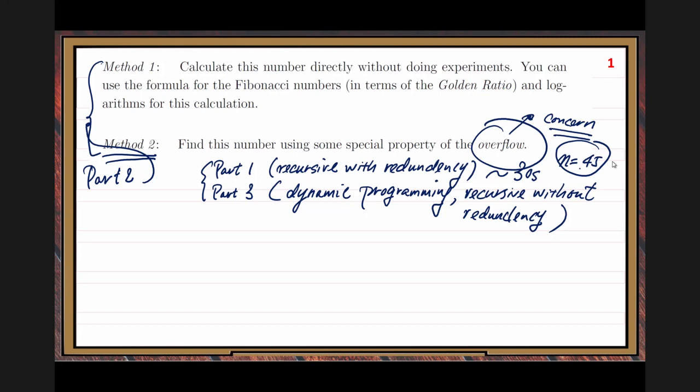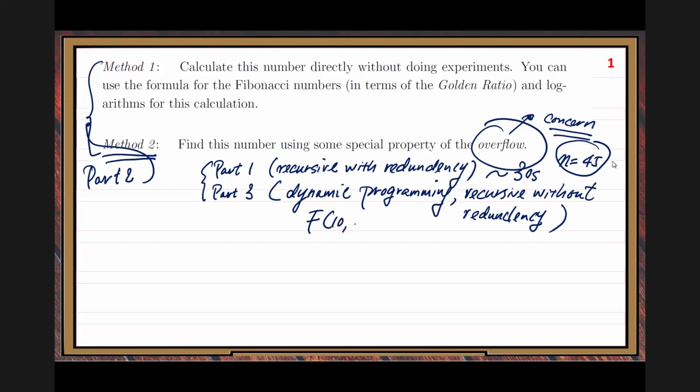But when you do part 3, dynamic programming, and in Java we use big integer, we do not have overflow. So we know we can do much larger. I ask you to test f of 10,000.